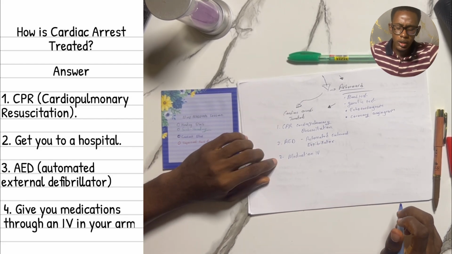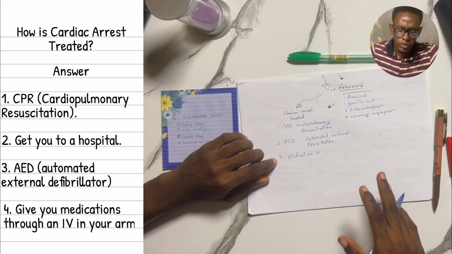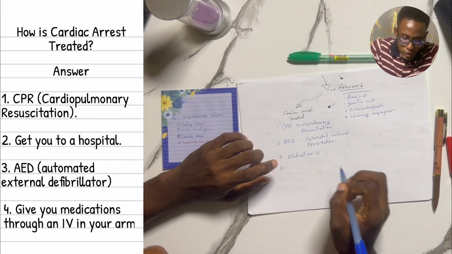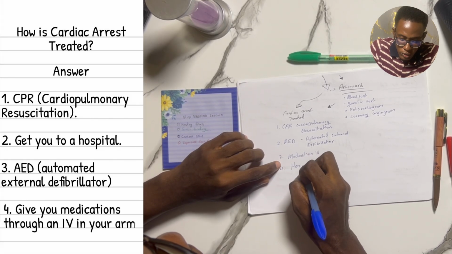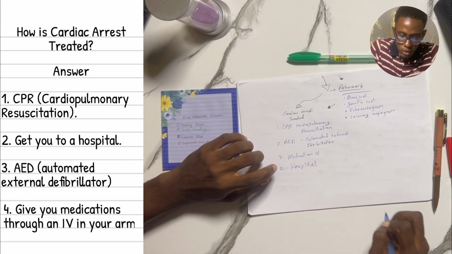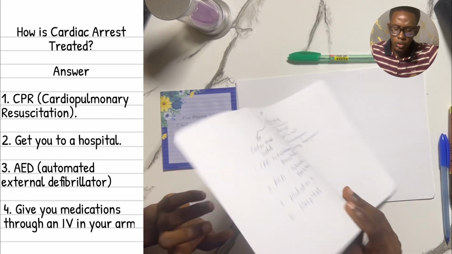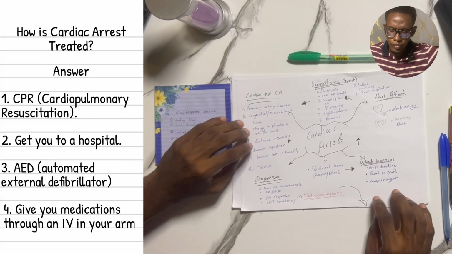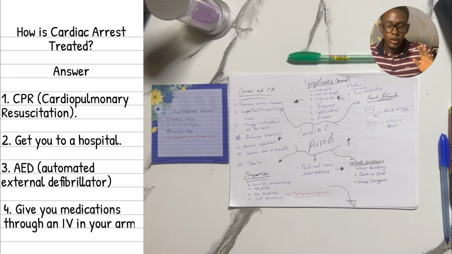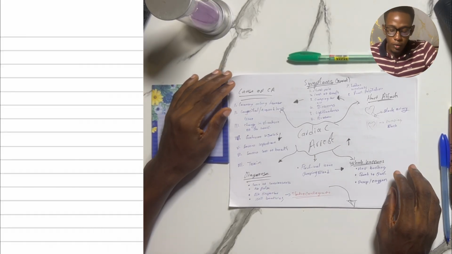Then medication, and IV medication is usually given through the arm, and lastly, the person is taken to the hospital. So yeah, this is basically all for cardiac arrest.